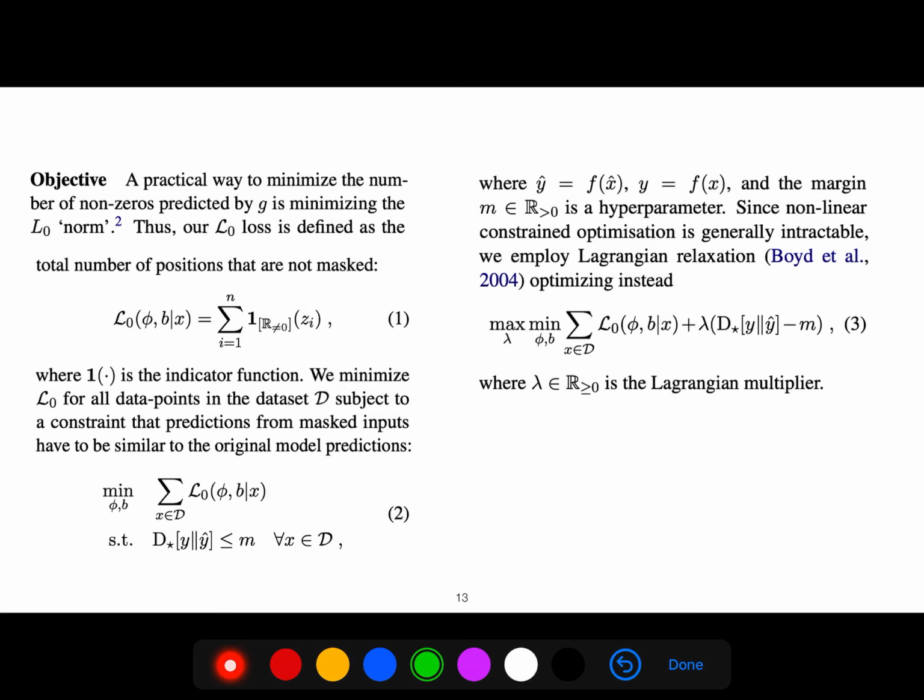The L0 loss is defined as the total number of positions that are not masked, and the one here is the indicator function. We minimize L0 for all data points subject to a constraint that predictions from masked inputs have to be similar to the predictions of the original model. This constraint is used in many papers on model editing, so maybe it's not new.